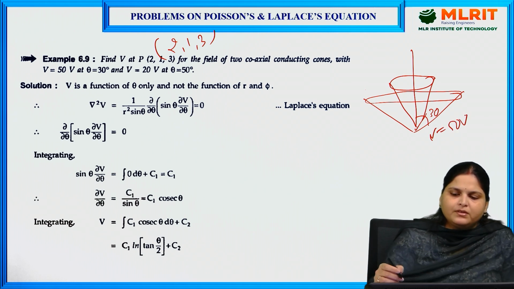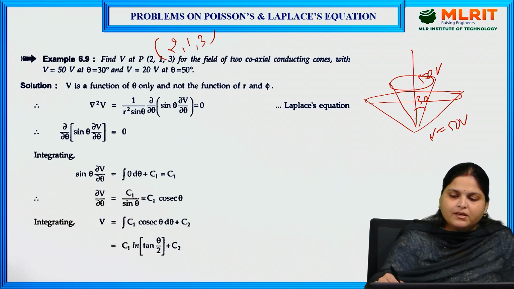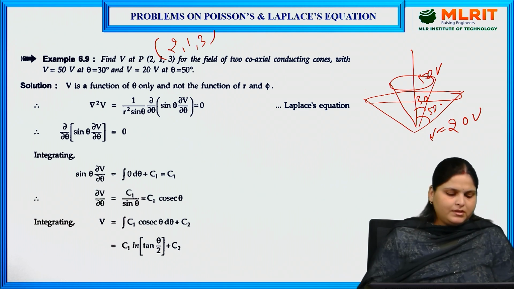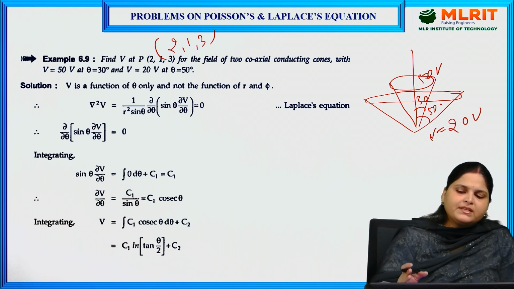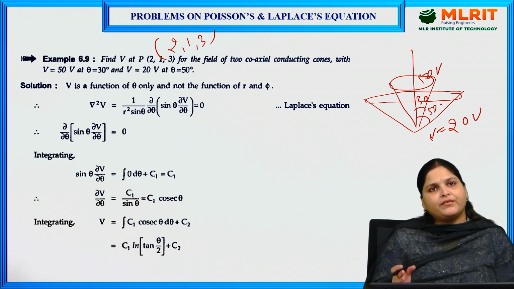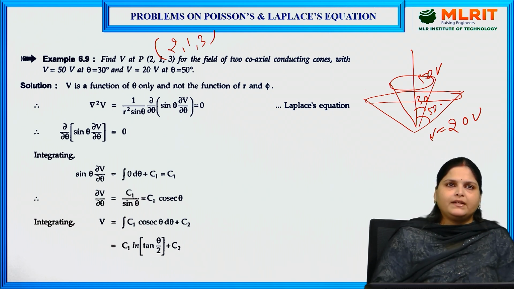The second cone is at 50 degrees and the voltage is 20 volts. So two coaxial cones are there: the first cone is at 30 degrees with voltage 50 volts, and the second cone is at 50 degrees with voltage 20 volts. These are the two coaxial cones.